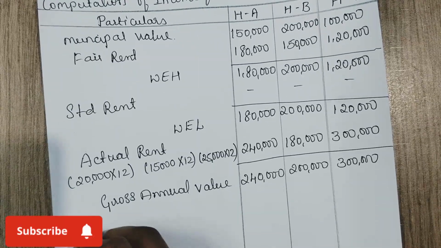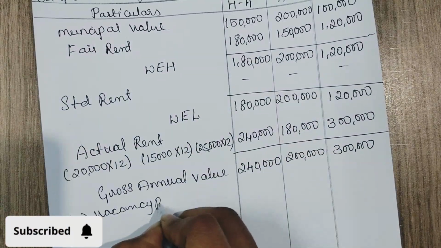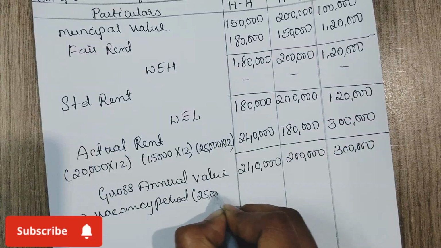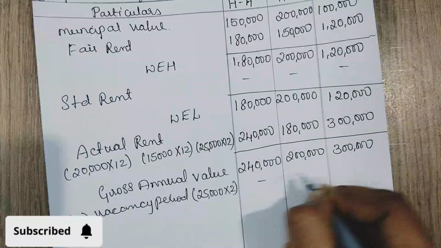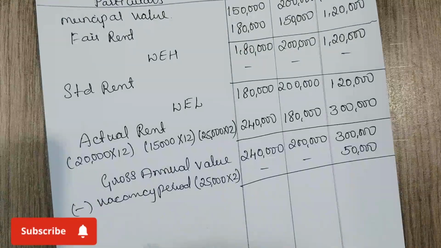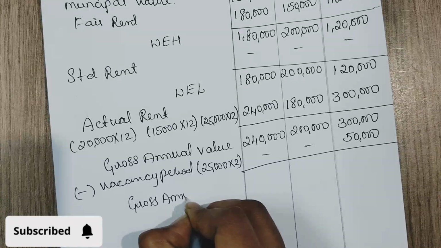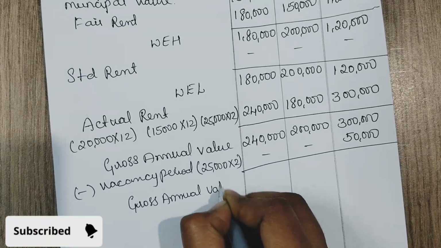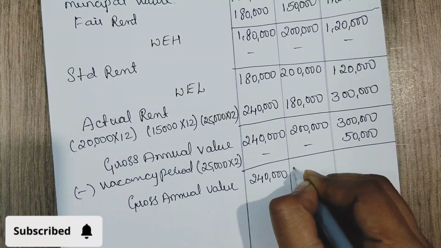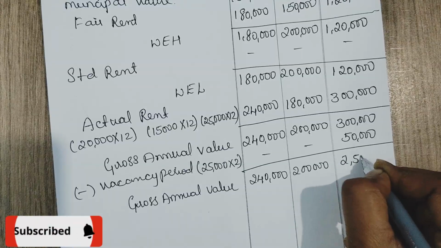Less vacancy period. House C, what is the rent? 25,000 is the rent. For 2 months, 50,000. This is gross annual value after vacancy period: 2,40,000, 2,50,000.